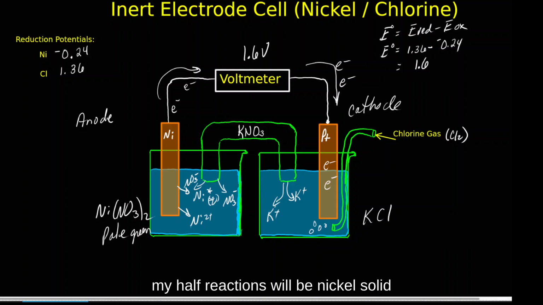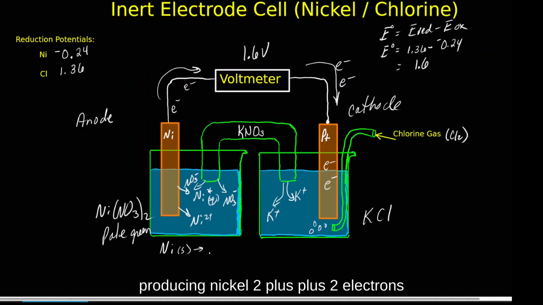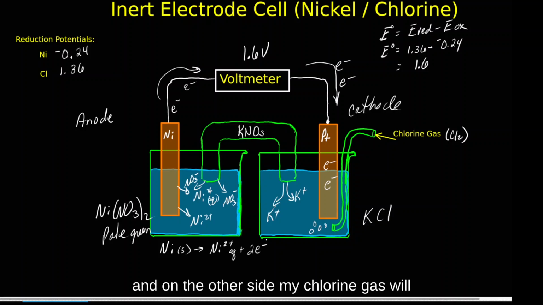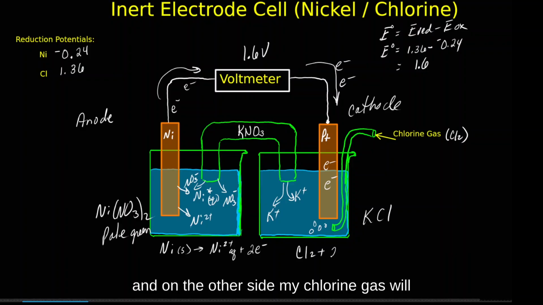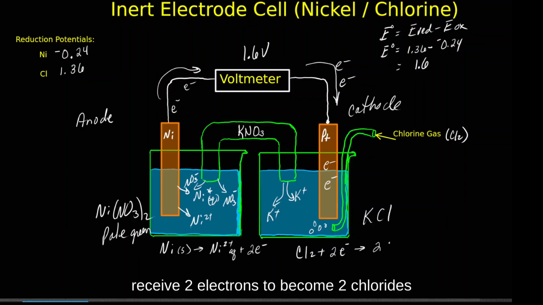My half reactions will be nickel solid producing nickel 2 plus plus 2 electrons. On the other side, my chlorine gas will receive 2 electrons to become 2 chlorides.